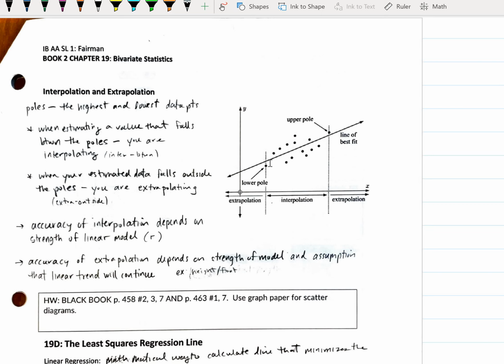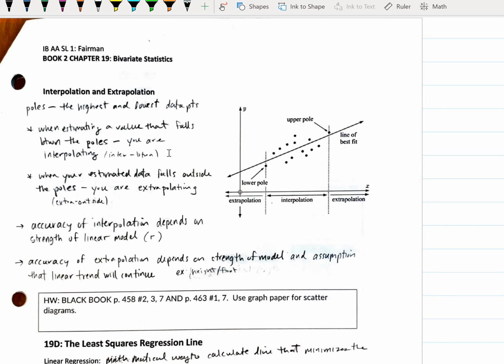Any predictions that we make in between those values, within our data set, that's an interpolation. Any predictions that we make outside of those, down here or up here, those would be extrapolation. So when estimating a value that falls between the poles, you are interpolating. Inter means between. And when you are estimating data that falls outside of the poles, you are extrapolating. Extra means on the outside.